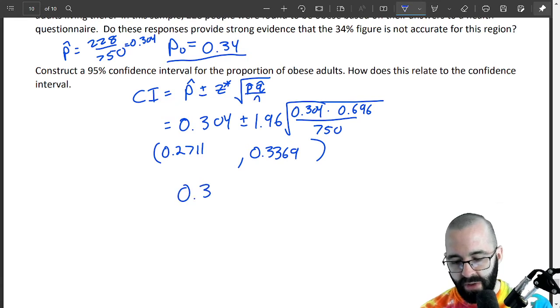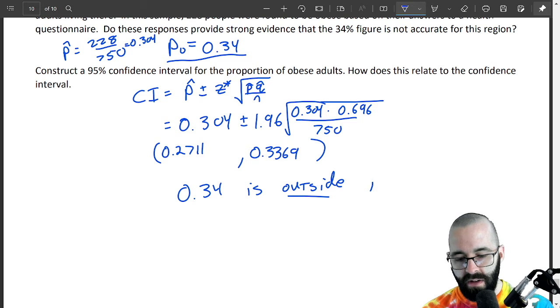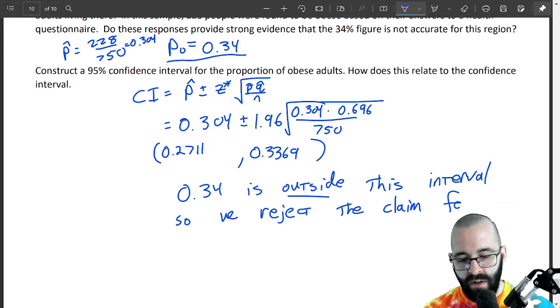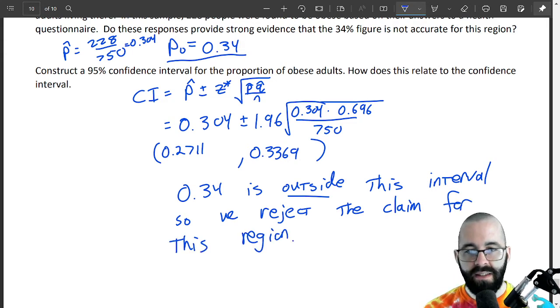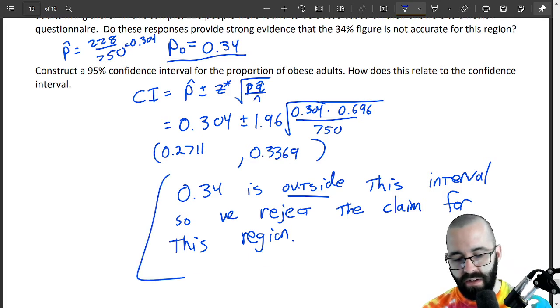Right? 0.34 is outside this interval. So we reject the claim for this region. It's kind of like if we were doing a hypothesis test and we found a small p-value.